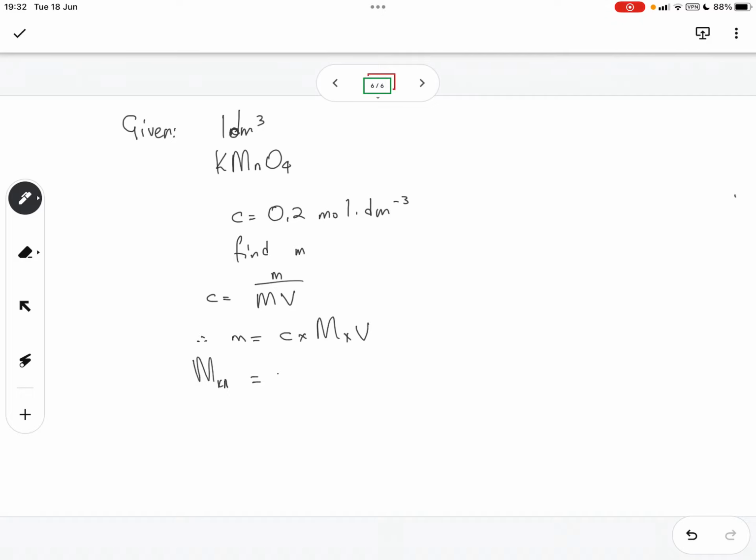The molar mass of potassium permanganate is going to be the molar mass of potassium plus the molar mass of manganese plus 4 times the molar mass of oxygen. And on our periodic table, potassium is in group 1, row 4. It's element number 19, and its molar mass is 39.1 grams per mole.